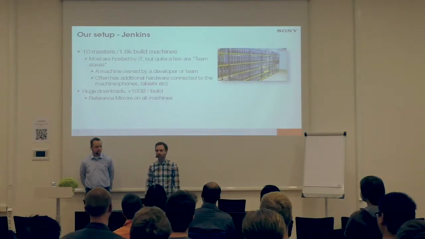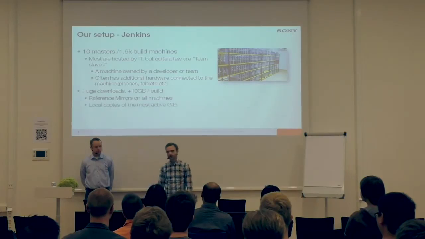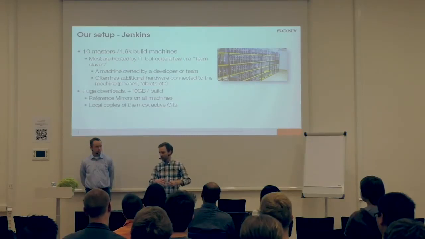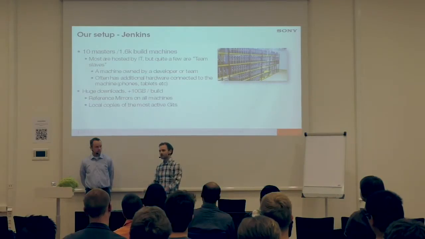Does anyone here know what a reference mirror is in the Git world? Right. A reference mirror is a local copy of a Git repository. In our case, we analyze all the Git traffic and find out which Gits are the most active. Then we take the most active Gits and place them as local Git repositories on all these 1,600 build machines.